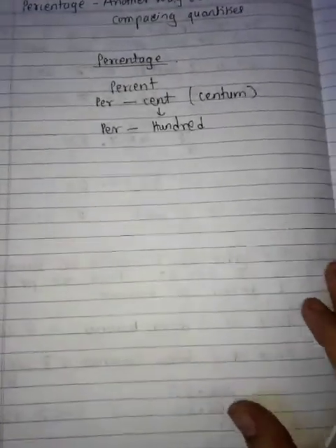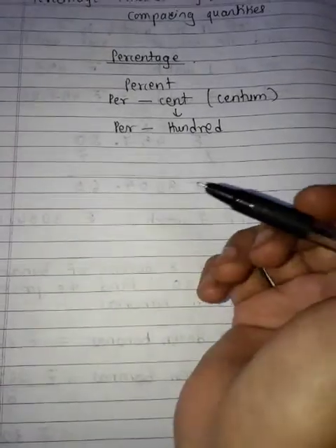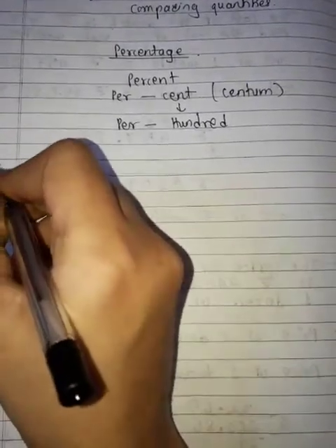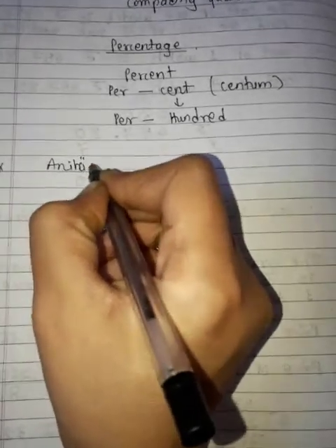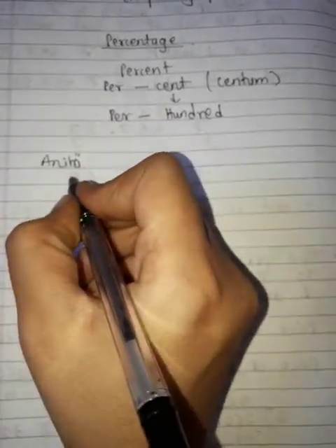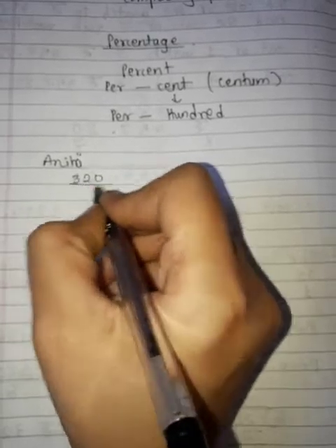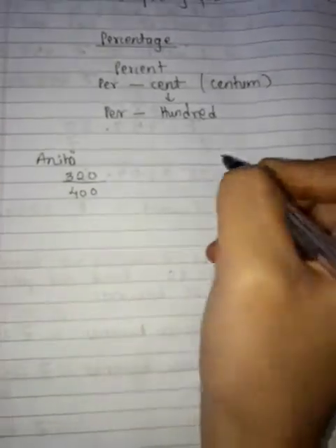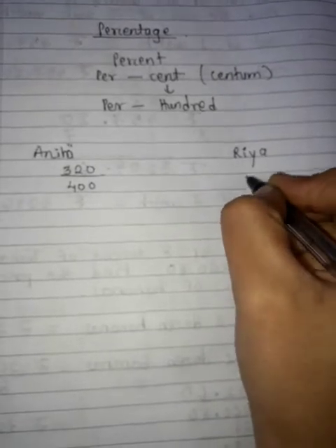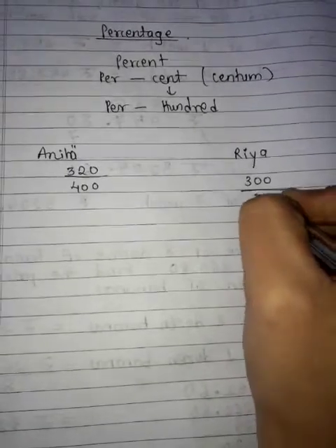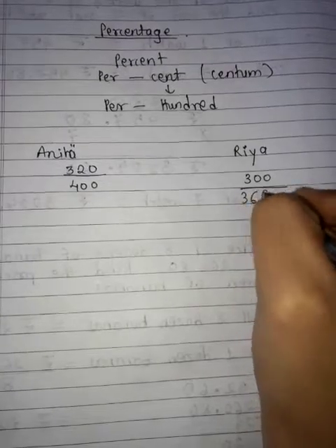We observe our school results are always in percentage. See this example. Suppose Anita got 320 marks out of 400, and Ria got 300 marks out of 360.